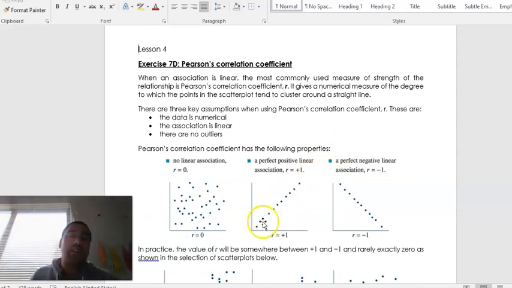But in this case we just want to get a number of some sort, so we say this is 1. And then the other, perfect negative linear association, will be an R value of -1. Now how these R values are determined, you shouldn't know this at this point. If you're looking at this and wondering, did I miss out on the exercise? What's going on? We're just putting numbers to correlation.